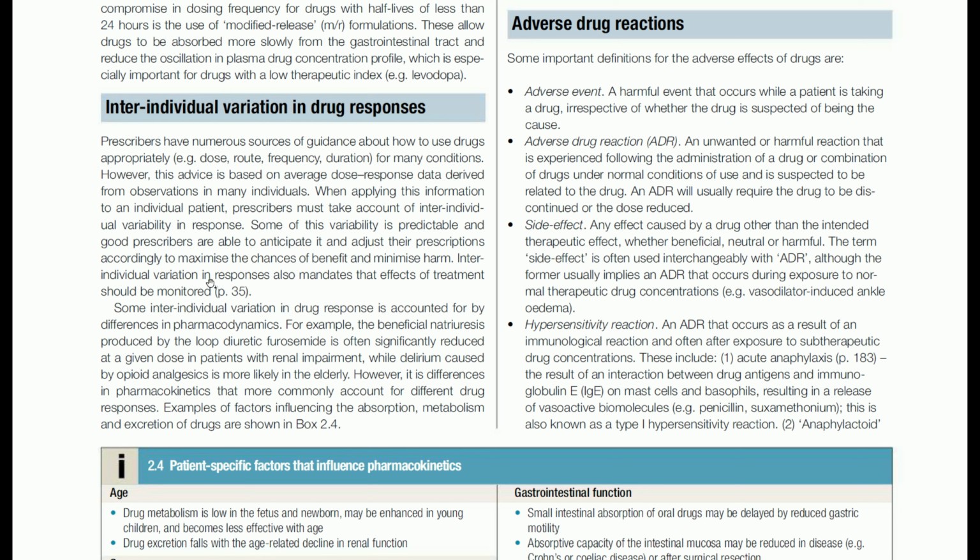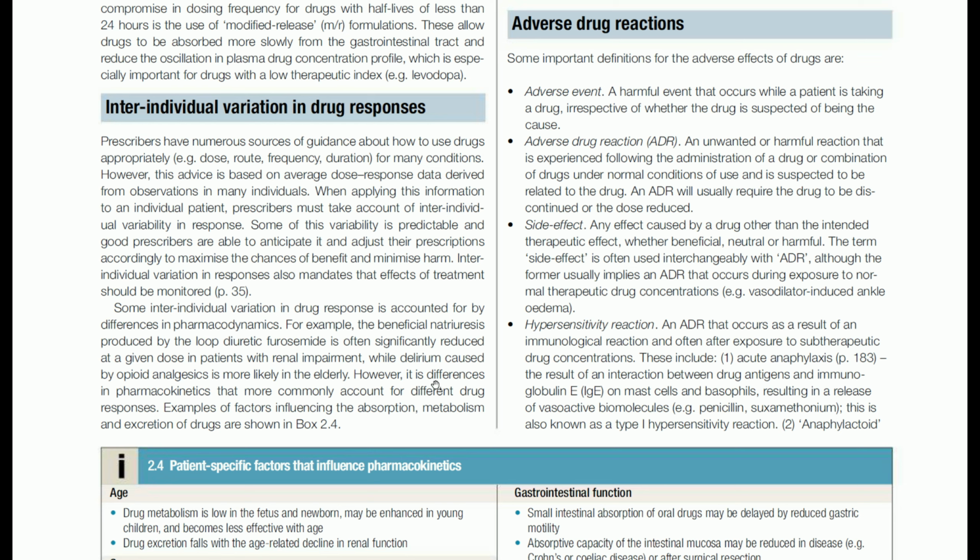Inter-individual variation in responses also mandates that effects of treatment should be monitored. Some inter-individual variation in drug response is accounted for by differences in pharmacodynamics. For example, the beneficial natriuresis produced by the loop diuretic furosemide is often significantly reduced at a given dose in patients with renal impairment, while delirium caused by opioid analgesics is more likely in the elderly.